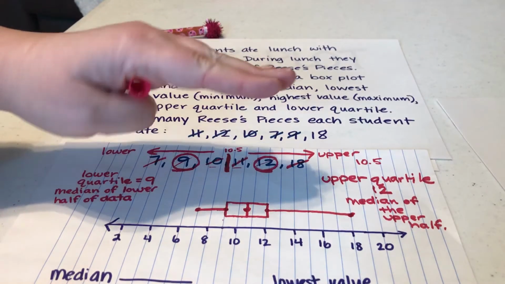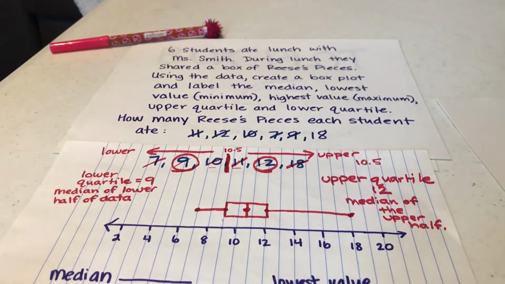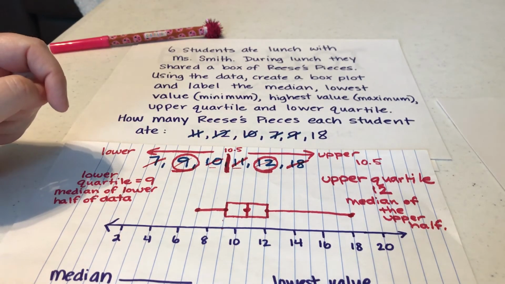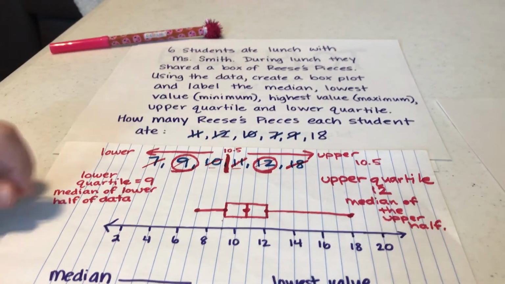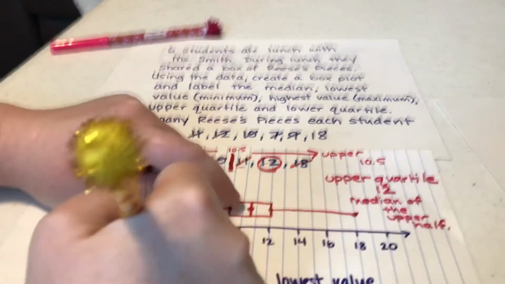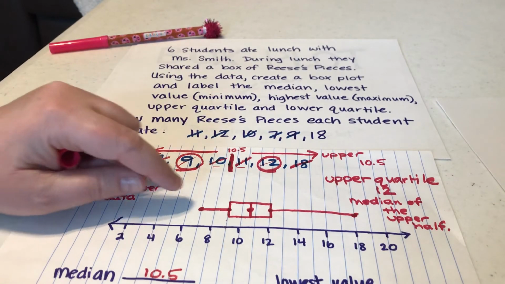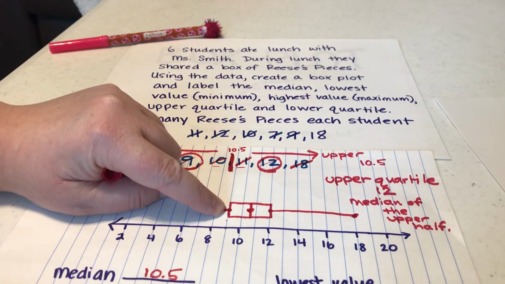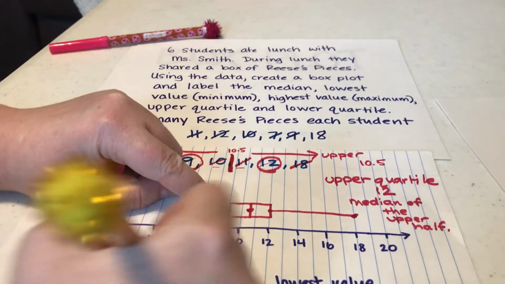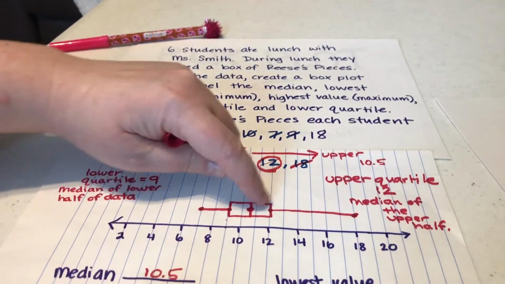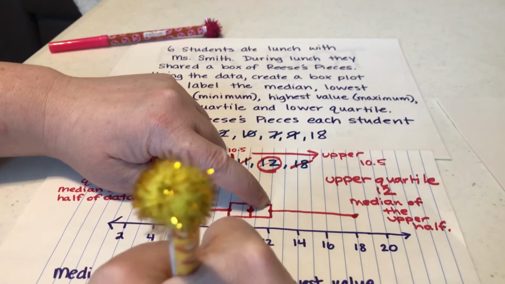But sometimes you're just given a box plot that looks like this without the numbers. I can look at this box plot to be able to determine all of these things. I can say, okay, my median is 10.5, that middle value. My lower quartile, the median of my lower half, was 9. My upper quartile, the median of the upper half of those numbers, was 12.